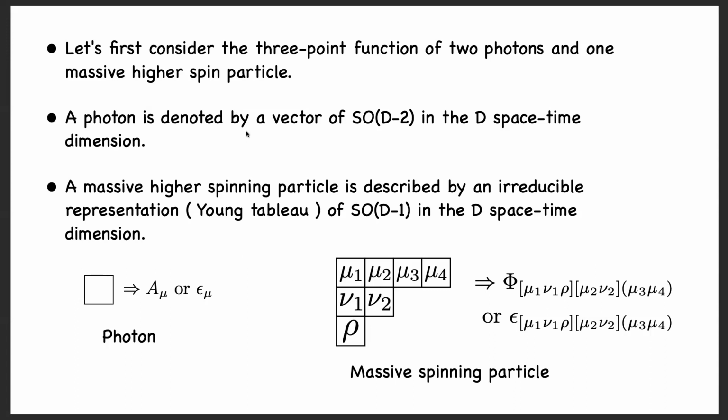And a photon, which is a massless particle, in three space-time dimensions is basically represented by a vector representation of this group. So a vector, where epsilon is the polarization. The polarization is really nothing but the Fourier transform of the vector field.